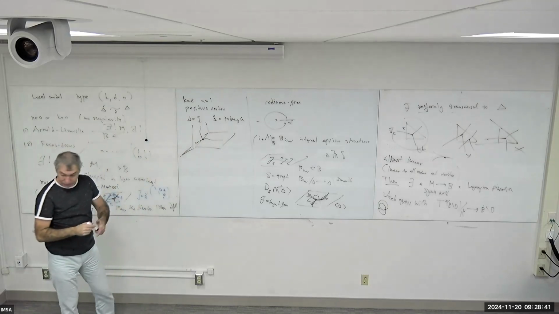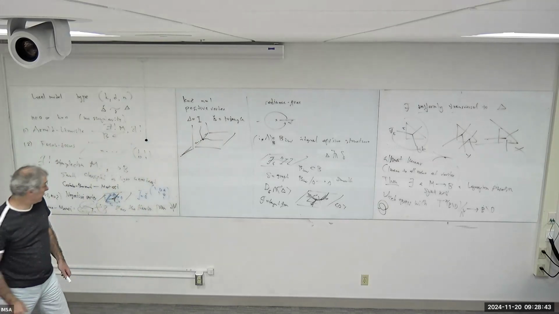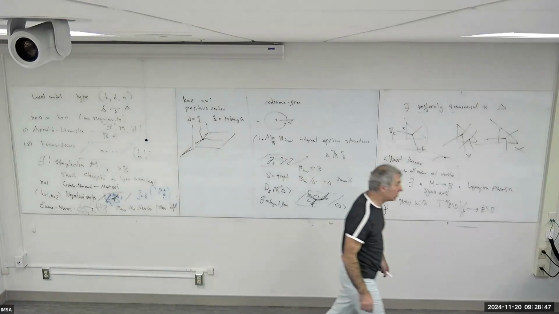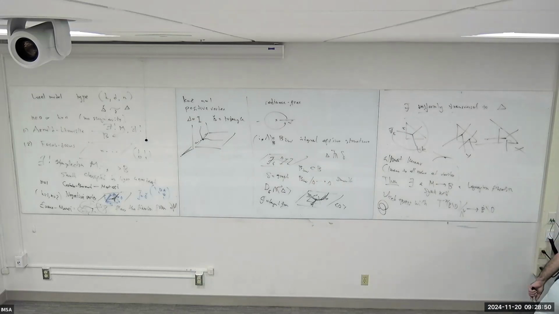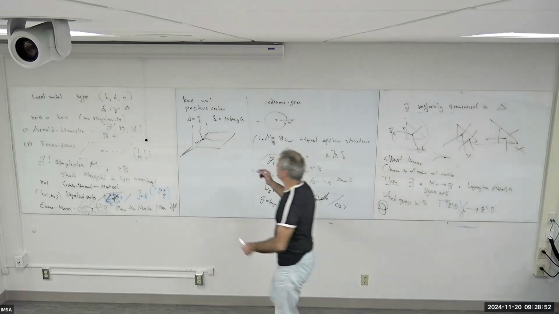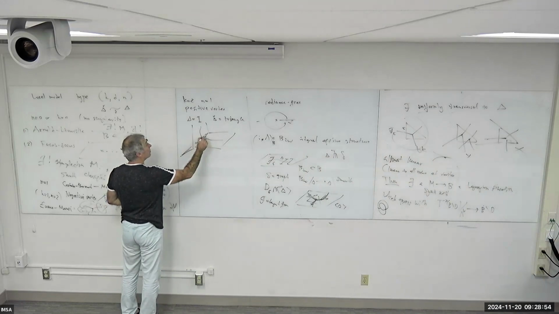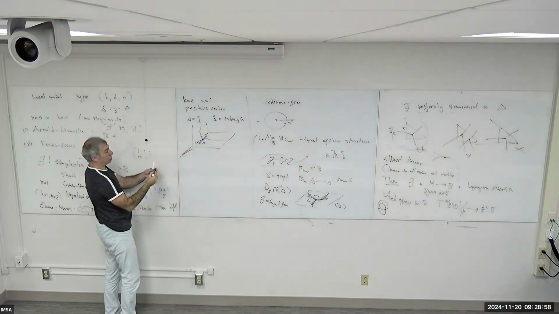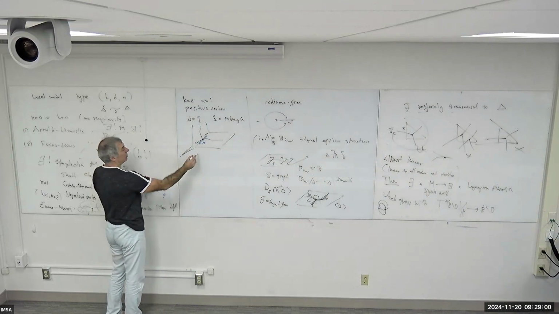And the delta kind of lives in this invariant plane, so delta kind of lives here. So this is delta. And the normal fan which you see in the quotient, you can project this thing.